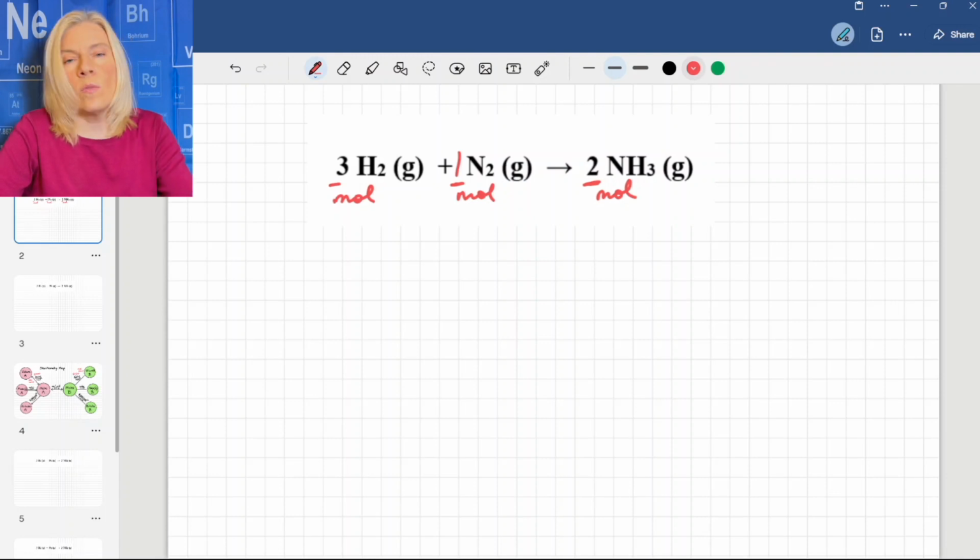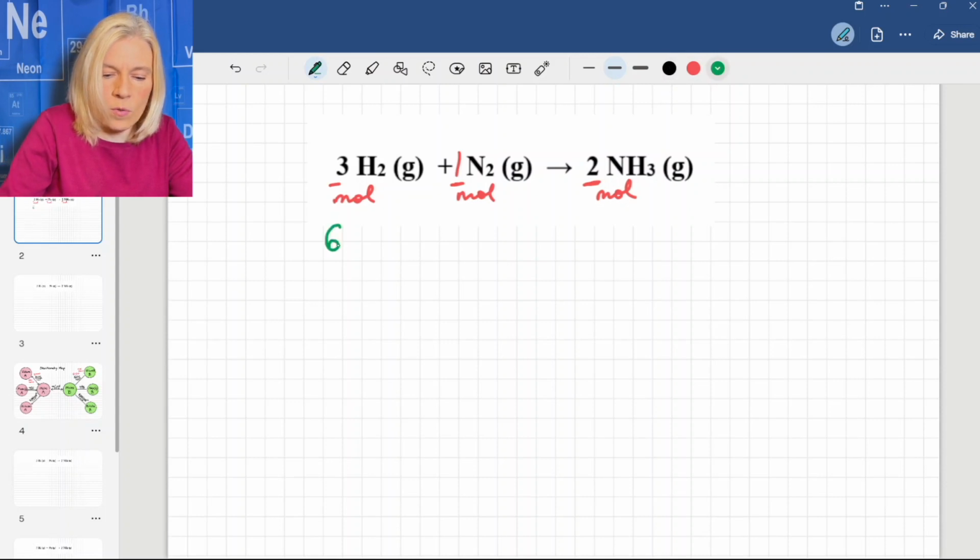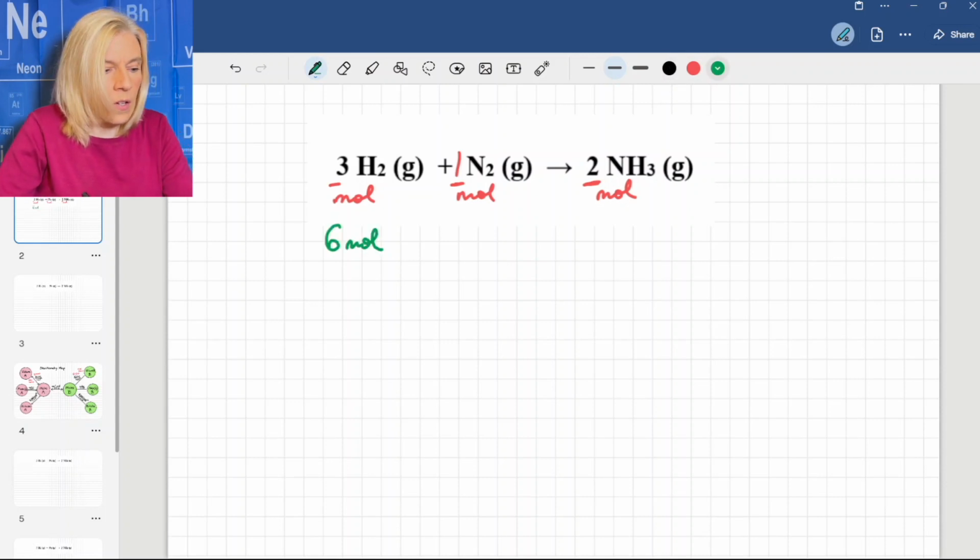Okay, so if 3 moles of hydrogen react with 1 mole of nitrogen to make 2 moles of ammonia, what if I have 6 moles of hydrogen? How many moles of nitrogen do I need? Well, you can quickly see that I doubled the hydrogen and it will be 2, but let's write this out nicely.